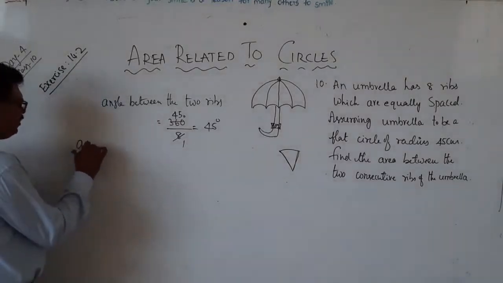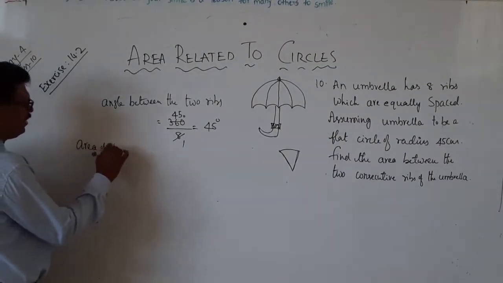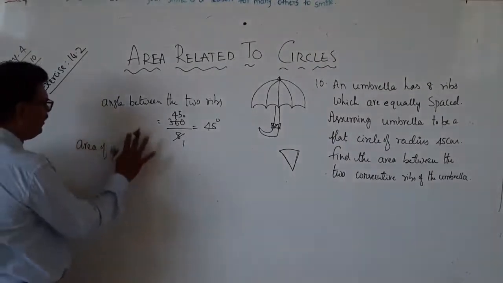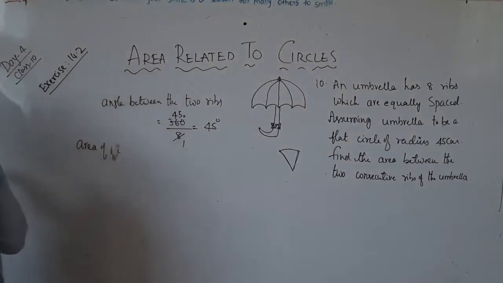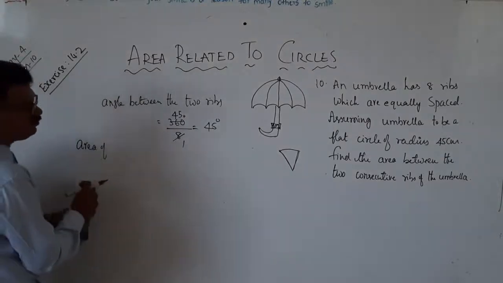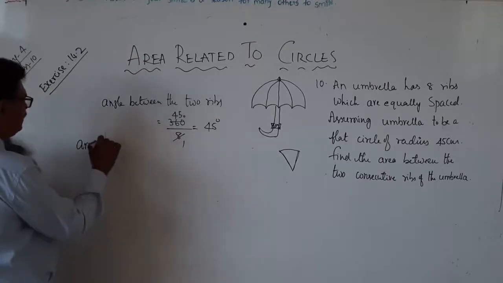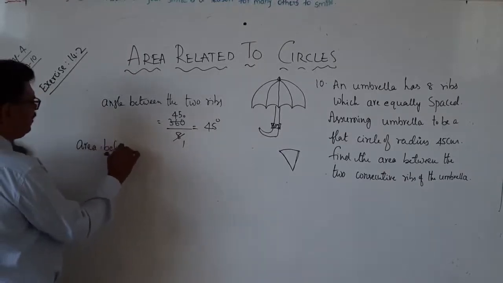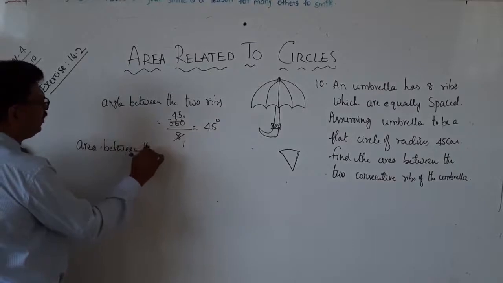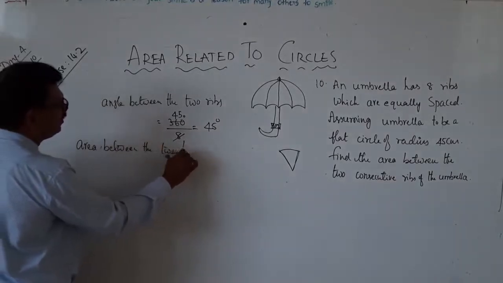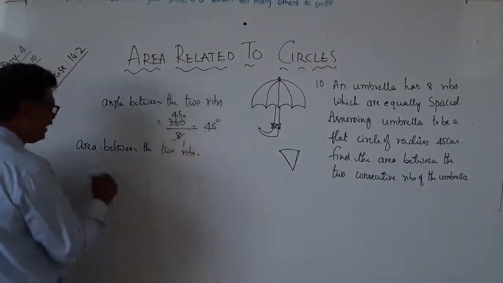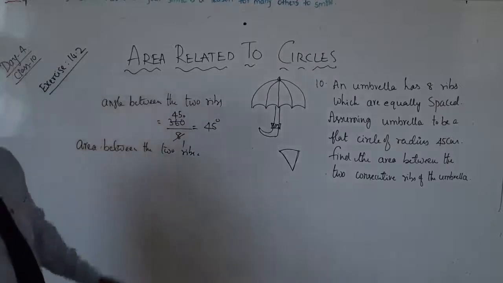You can find out the area between the two ribs. Otherwise you can write down directly the area of the sector, right?